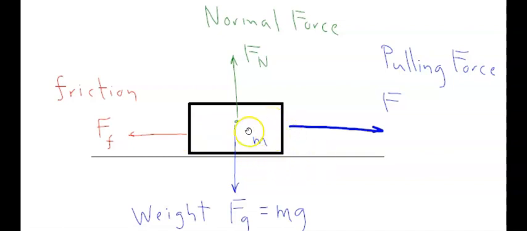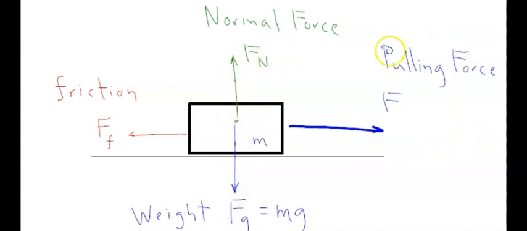However, this mass, when multiplied by gravity, has a downward pulling force called the weight, which is equal to mass times gravity. Since the gravity is pulling down and this line here represents the surface and the block is not breaking through the surface like thin ice, something must be holding it up, and that's the normal force. In a moment we're going to discuss the relationship balance of static equilibrium between the upward and downward forces.